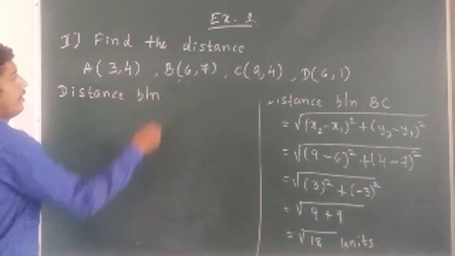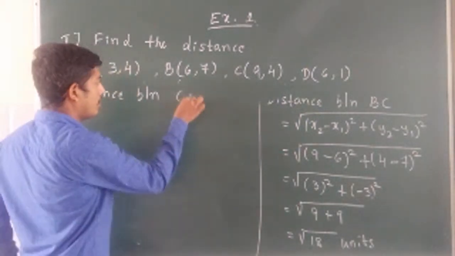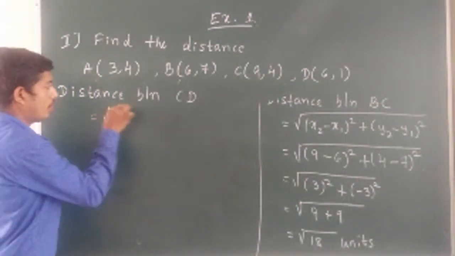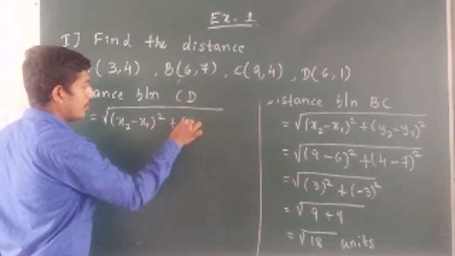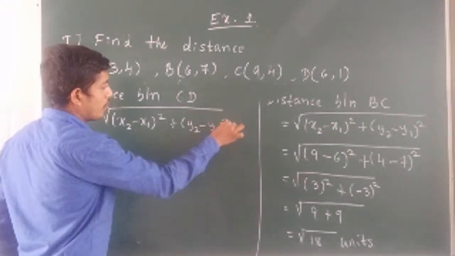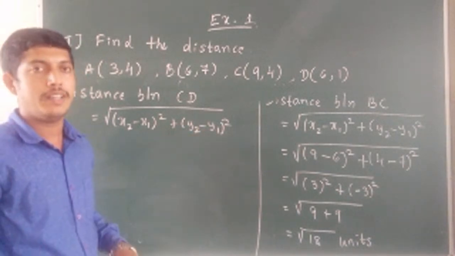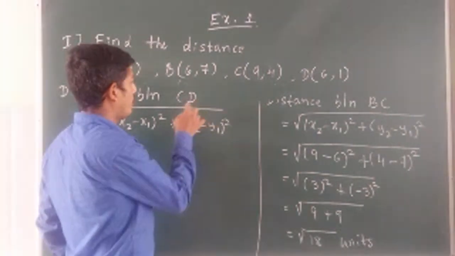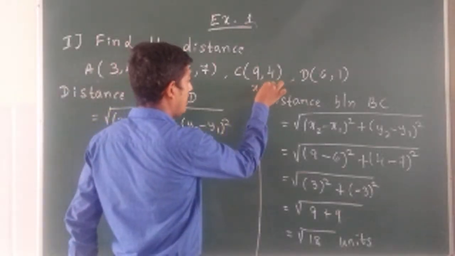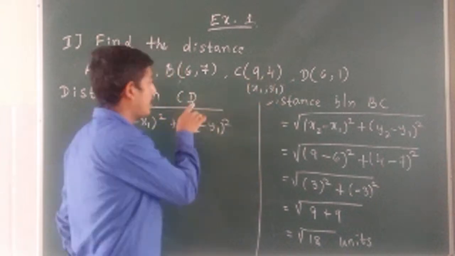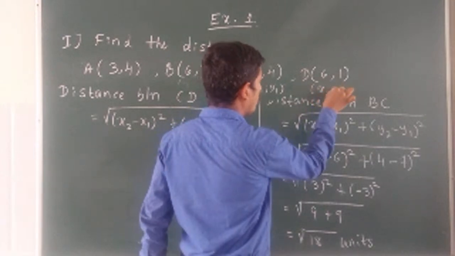Now I will find out the distance between C and D. The formula is square root of x2 minus x1 whole square plus y2 minus y1 whole square. So now I consider the first point as C. Therefore, for C I consider x1 comma y1 and the second point I consider as D. Therefore, for the second point I consider x2 comma y2.